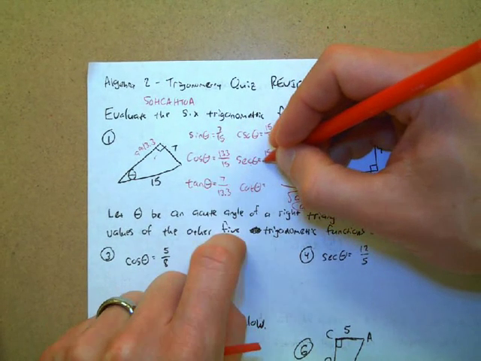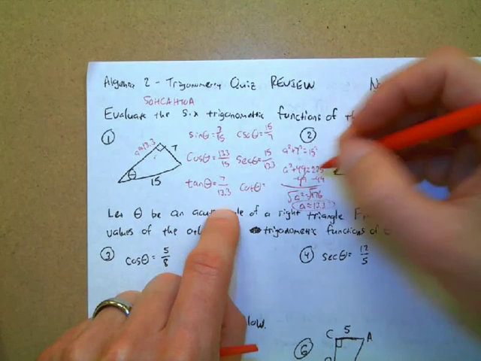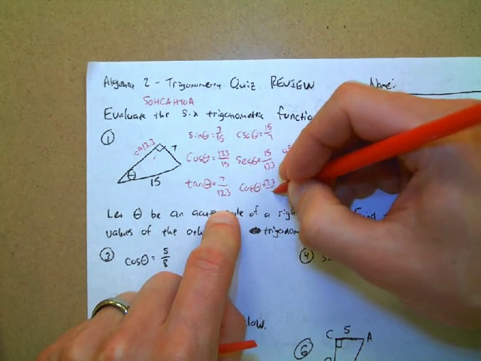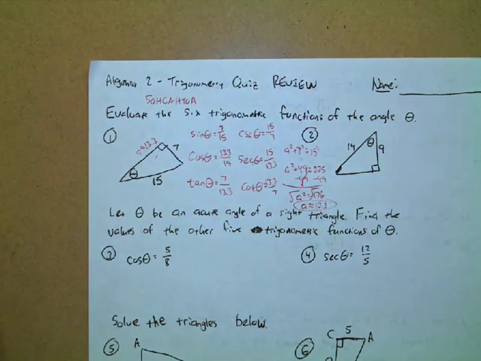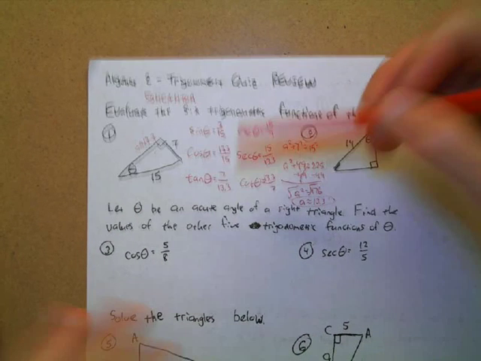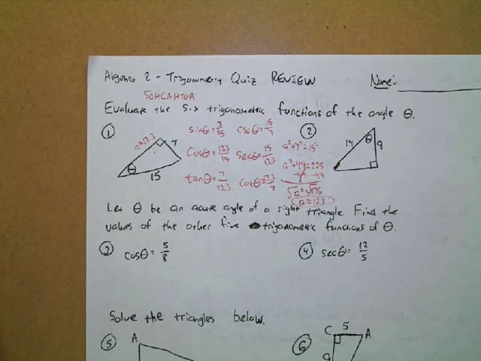For sine and cosine, the hypotenuse is what you put it over. For tangent, you put it over the adjacent leg, which in this case is 13.3. It's using SOHCAHTOA and your ratios there. That's how you do that, just using SOHCAHTOA to fill out those trig ratios.